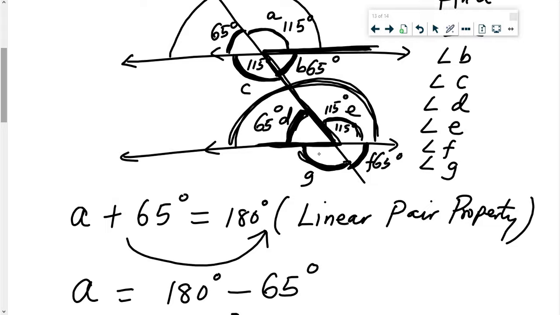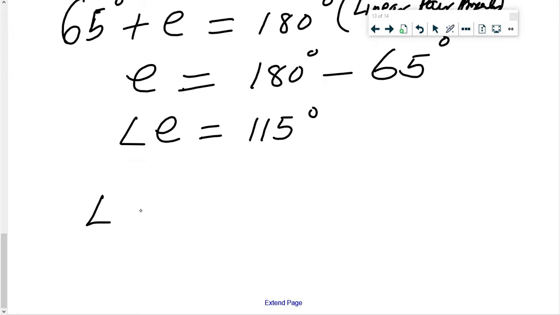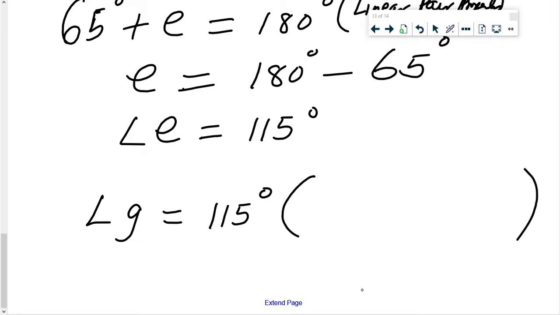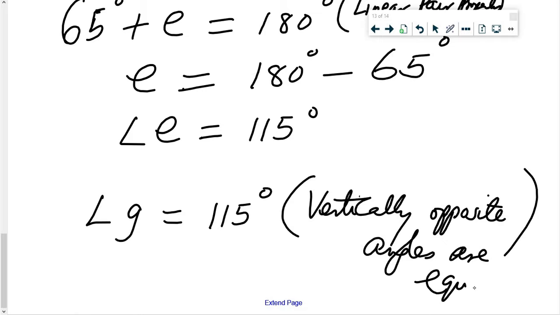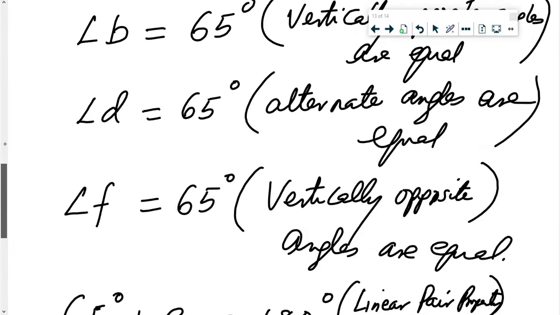Also G will be equal to 115. How did I know? Vertically opposite angles are equal. So angle G will be equal to 115, and the reason will be vertically opposite angles are equal. And that is all.